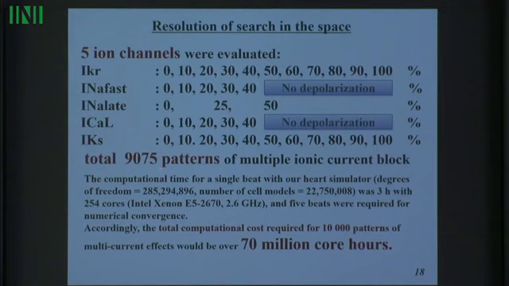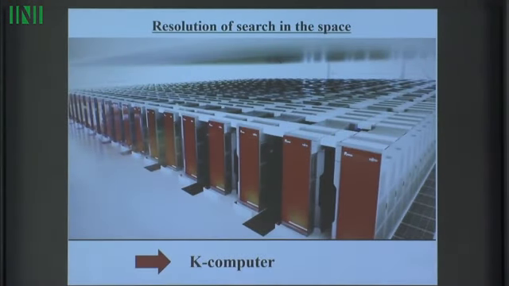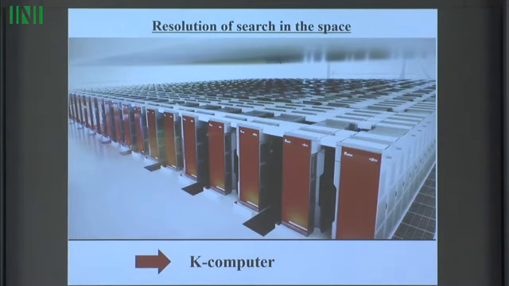Based on these numbers, we estimated that the total computational cost required for nearly 10,000 points would be 70 million core hours. At that time, we were lucky enough to have a chance to share a certain amount of machine time with a supercomputer. So we performed kind of embarrassingly parallel computing to fill the entire space.